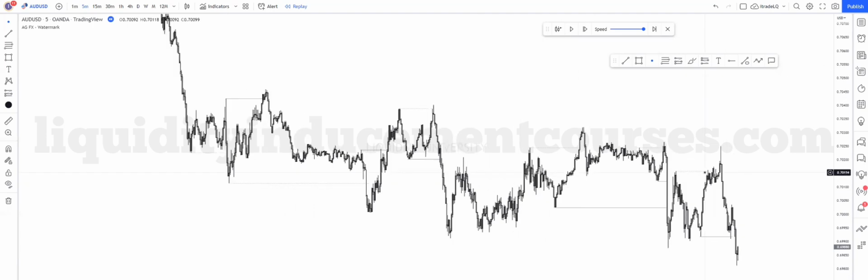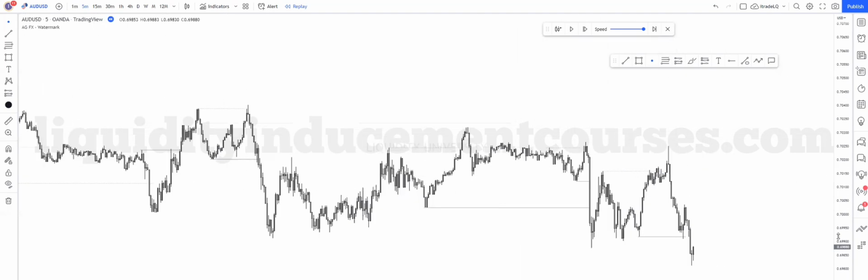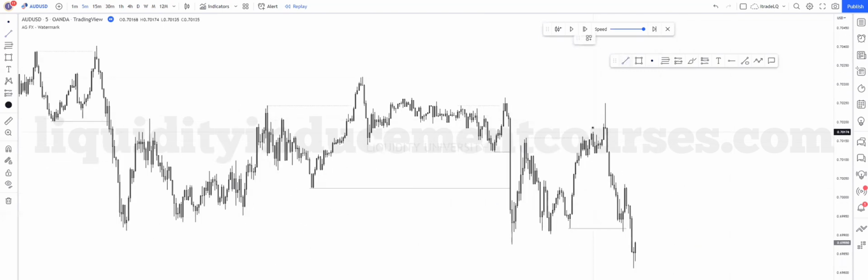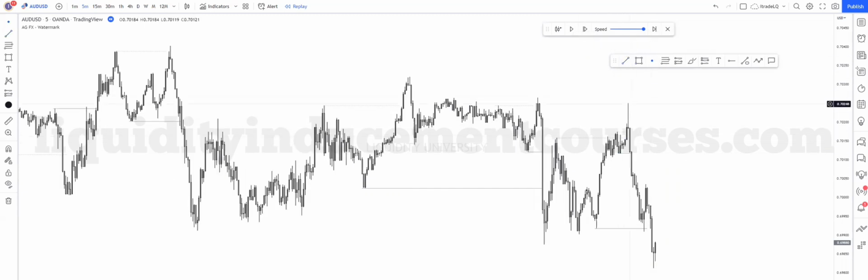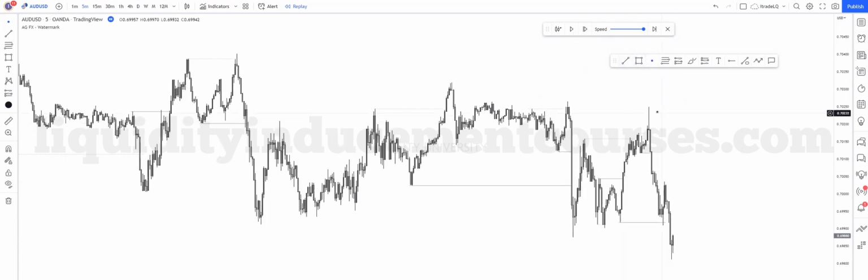And let's see if we can find any patterns in the 5 minute here. Yes, we can. Here's one. Here's another one right here. All right, that was inside of the bigger one. All right, let's start marking up some strong lows. There's a strong low right here. There we go.